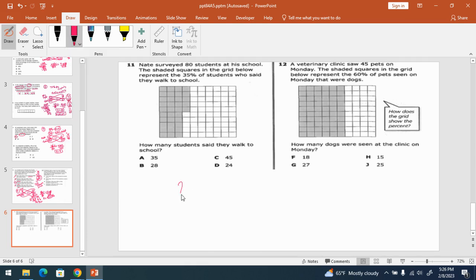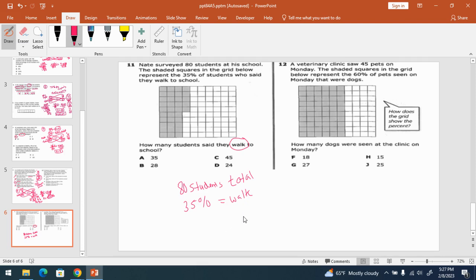So we have 80 students, and those are at the school, so that would be the total. Very important to identify the total as quick as you can, and that'll make things easier. 35% of the students said that they walk to school, so these are the walkers. And my question, they do want the ones that walk. So that's good. We have all the information.